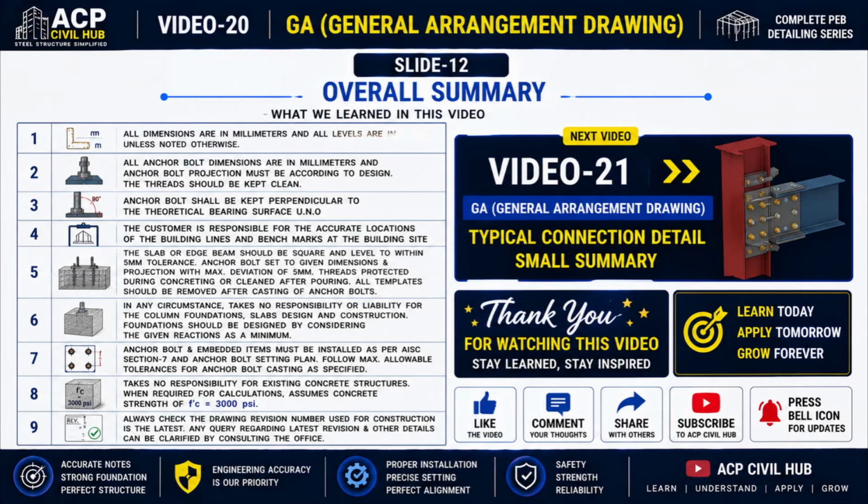Remember, these general notes may look simple, but they help prevent fabrication mistakes, site errors, costly rework, and construction delays. Understanding them is the first step toward reading any PEB General Arrangement drawing with confidence.